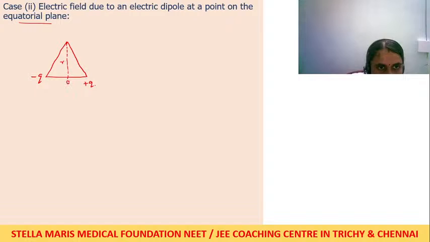This is the midpoint O. The total distance between minus q and plus q, we already know, is 2a. This is point A, this is point B, and consider this as point C. Here r is the equatorial distance, and the distance between plus q and minus q is 2a.